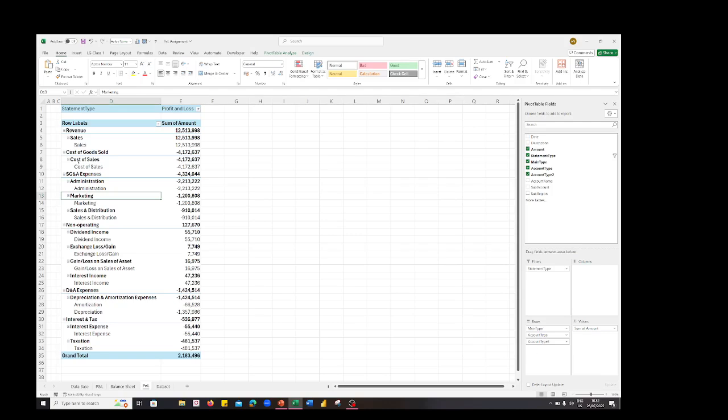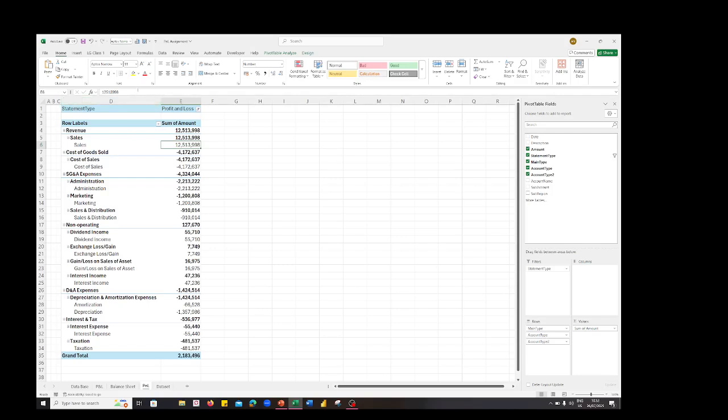But if there is none, it may not be necessary. So it depends. But here I use the 3, in case you have some other items under this dividend income.